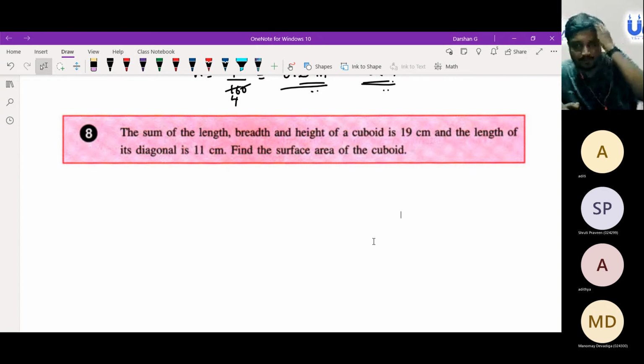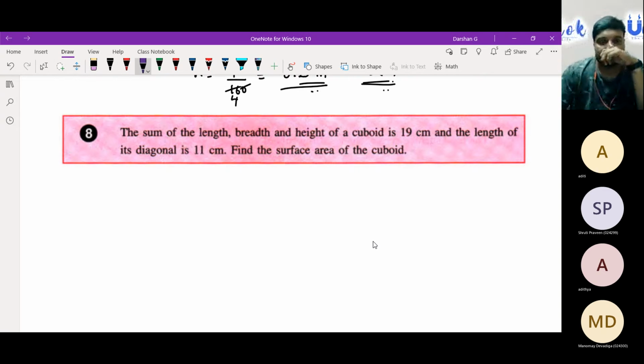Finish this question by yourself. 240. Let's see the answer. Do verify once. Steps and all.